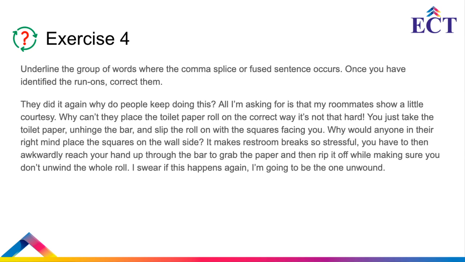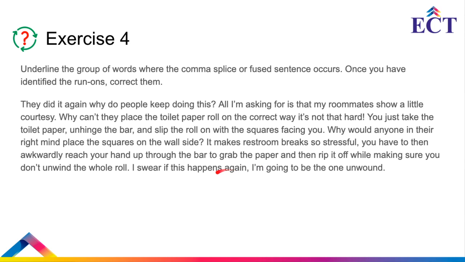I swear if this happens again, comma, I'm going to be the one unwarned. So this happens because there is a subordinating conjunction. If this happens again, right? If this happens again, I'm going to be unwarned, right?